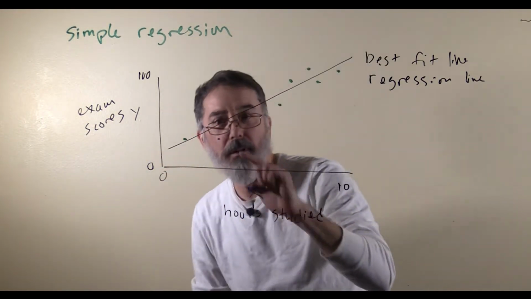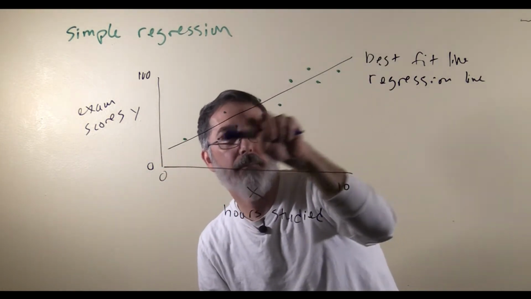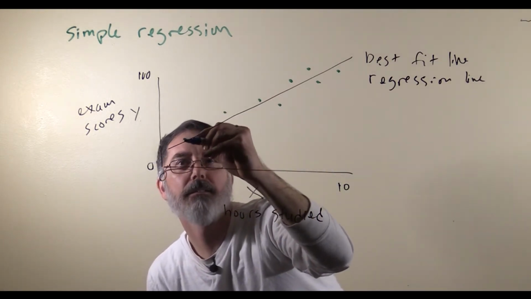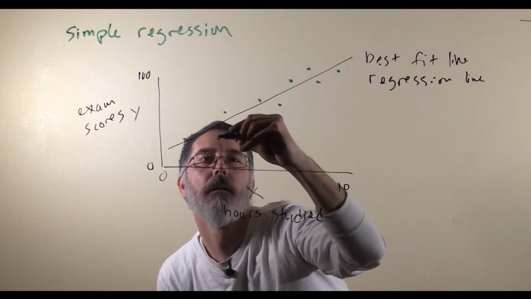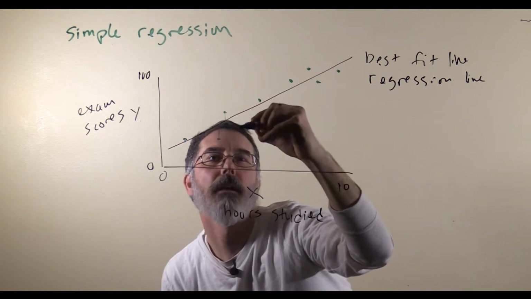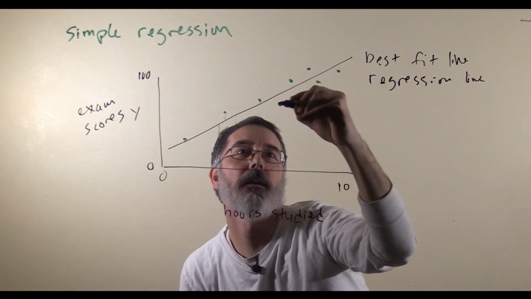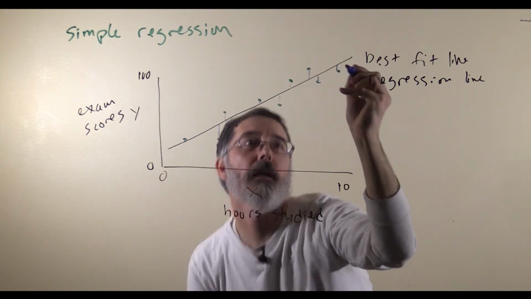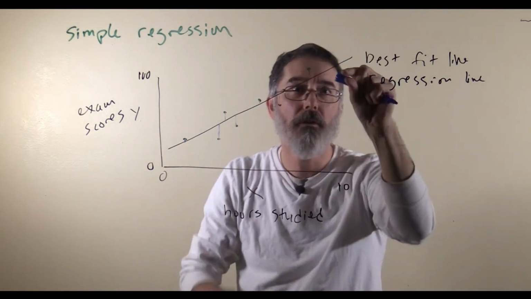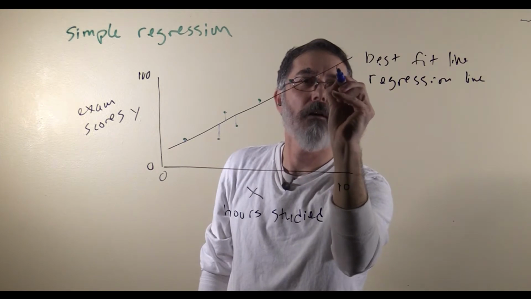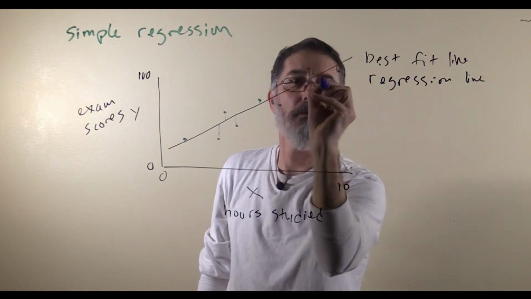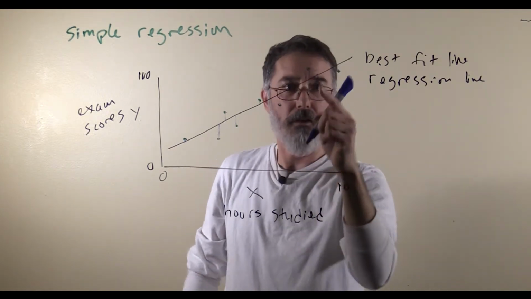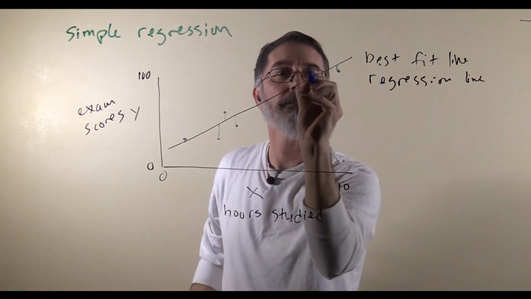What it is, this is the line that minimizes the error in predicting y from x. So this is the x score, and this is how far off the prediction was for this score. And this is how far off the prediction of the y score was for the x.